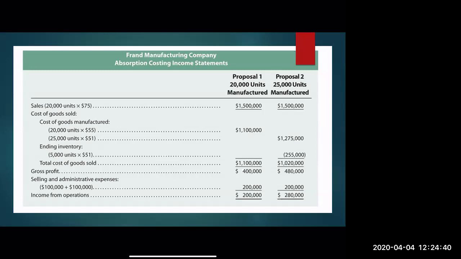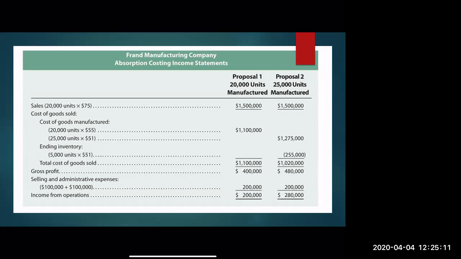Under both proposals, your sales are the same, regardless of whether you make 20,000 or 25,000. You go through all of the steps as we've done in the prior video, calculating your cost of goods manufactured, subtracting out your ending inventory, and collecting the rest of the data as we go along.